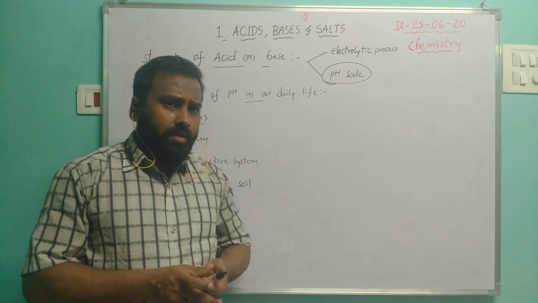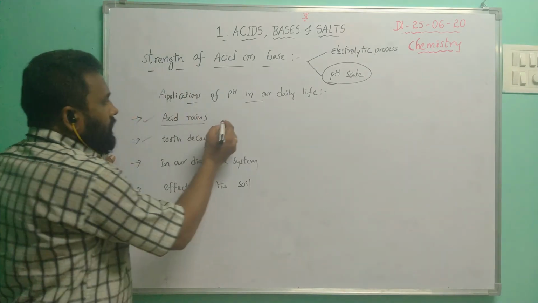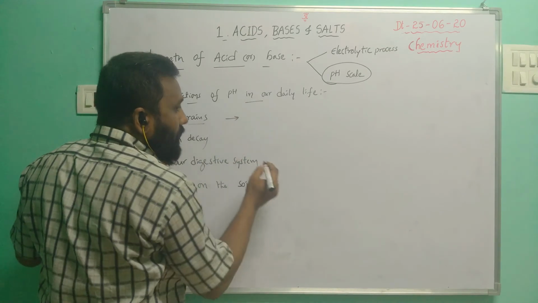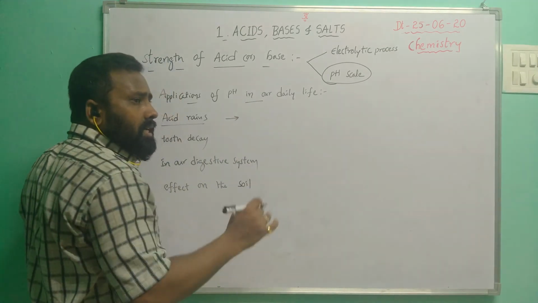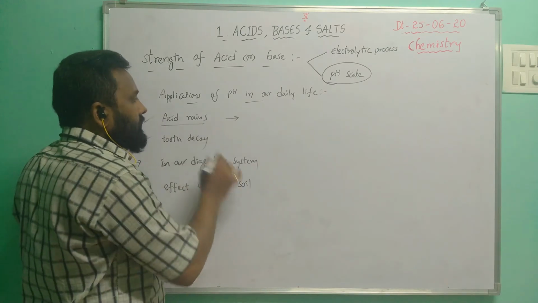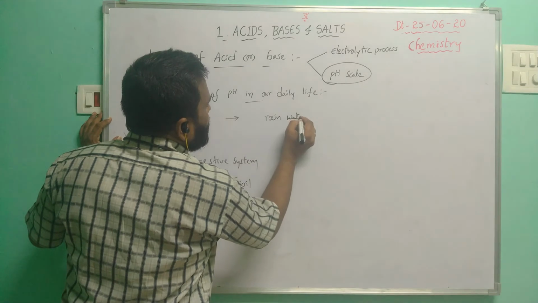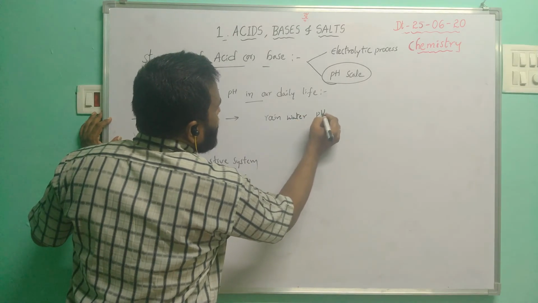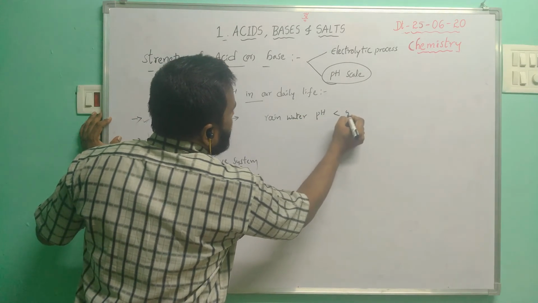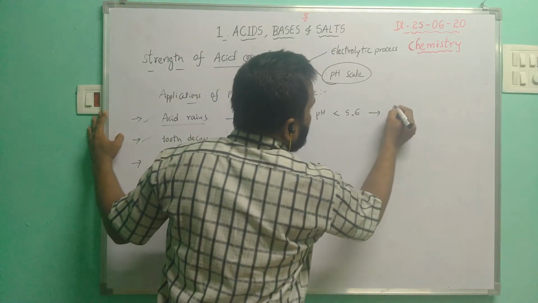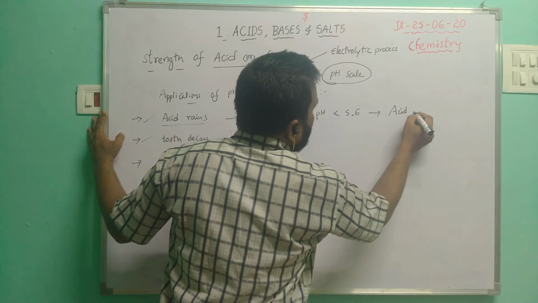Rainwater with pH lower than 5.6 is called acid rain.